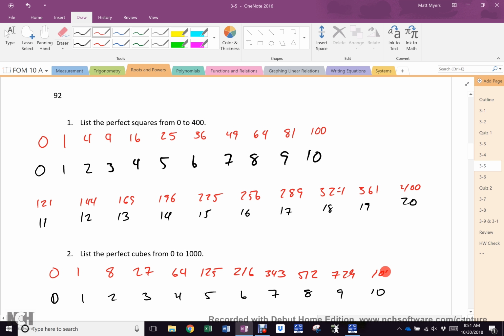Isn't the square root of 400 the same thing as the square root of 4 times 100? The square root of 4 is 2. The square root of 100 is 10. If it's 4 times 100, then it must be 2 times 10. Does everybody see that? So could we use this to go higher than 400 if I wanted to? It wouldn't be hard, would it? What would the square root of 900 be?